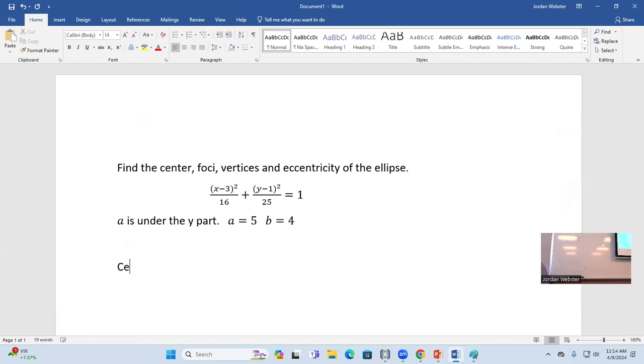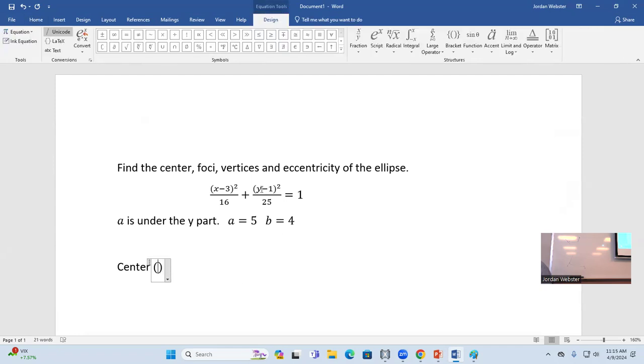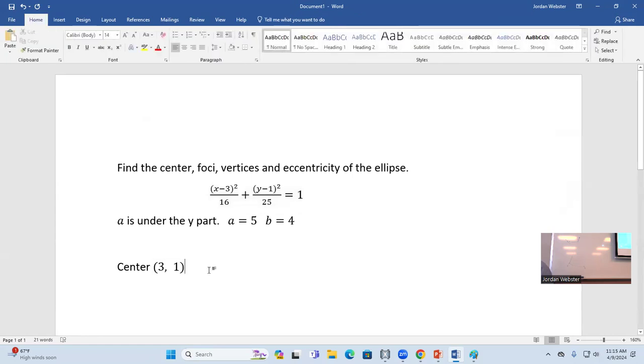So let's start by finding the center. Center is (h, k). The X is being, well, it's X minus 3. So that's going to be a positive 3. Remember, it's always X minus h. And then Y minus 1 means the Y value of the center is positive 1.